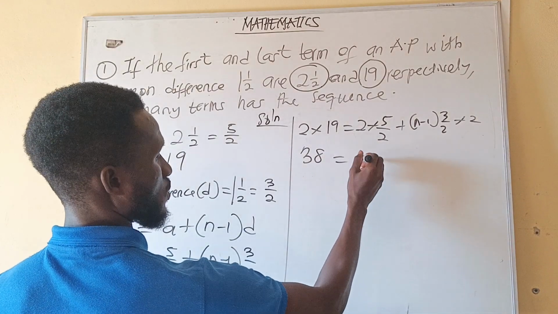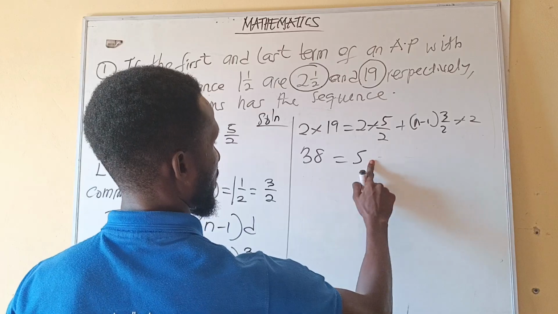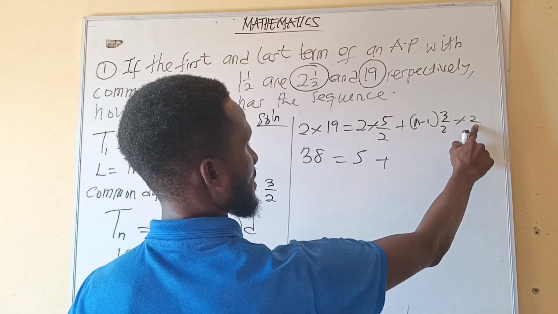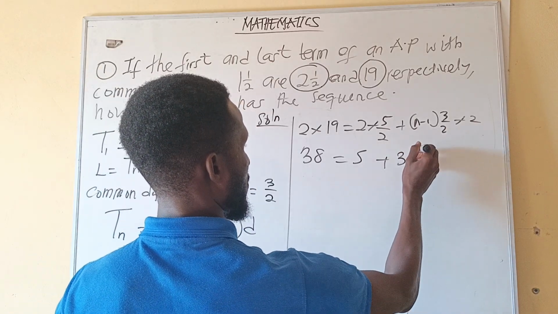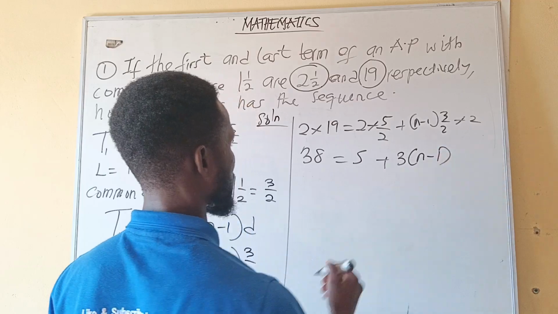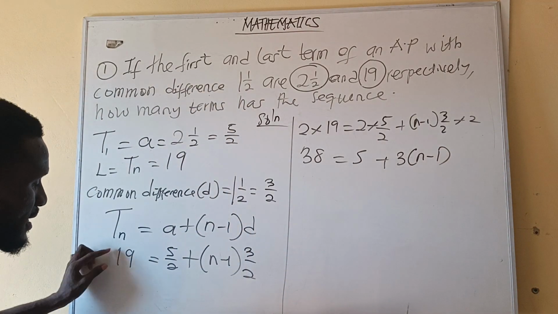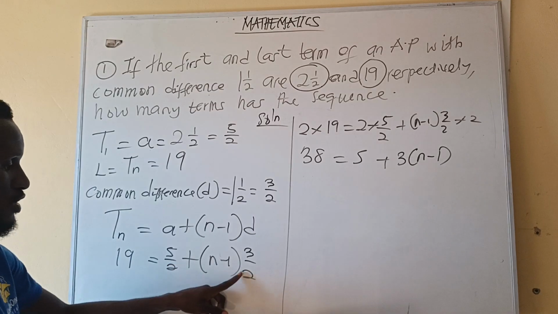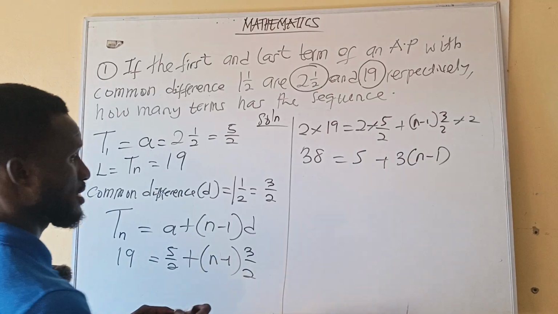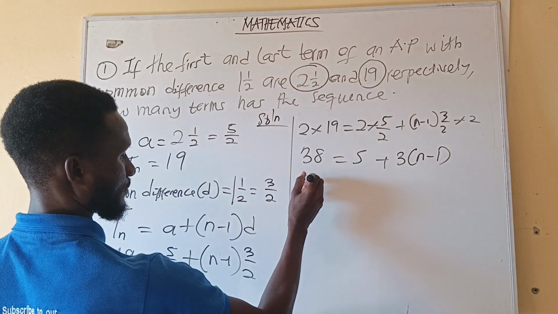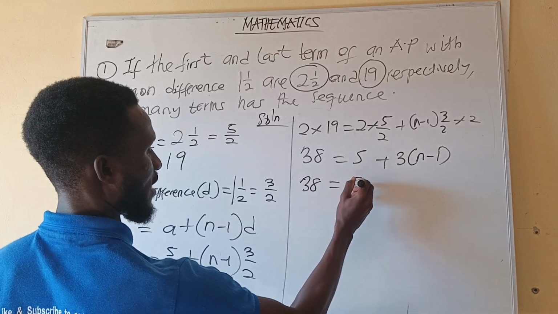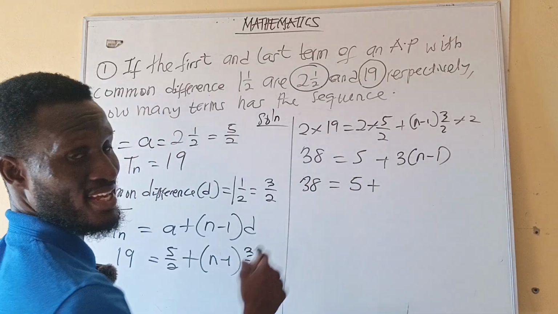The 2 will cancel, so we have 5 here, plus 3 multiplying (n minus 1). So 38 is equal to 5 plus, let's expand the bracket.